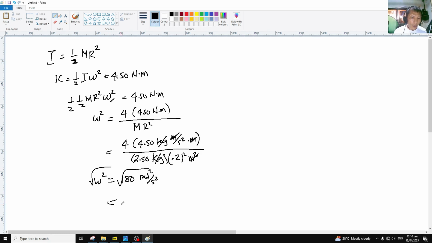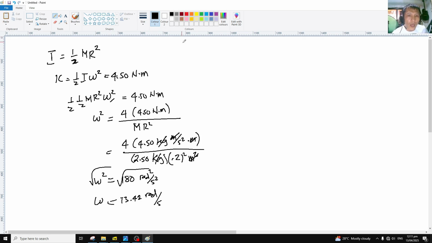So, that would be the square root answer, and that would be 13.42. So, 13.42 unit would be radian per second. Omega. So, may omega na ako.